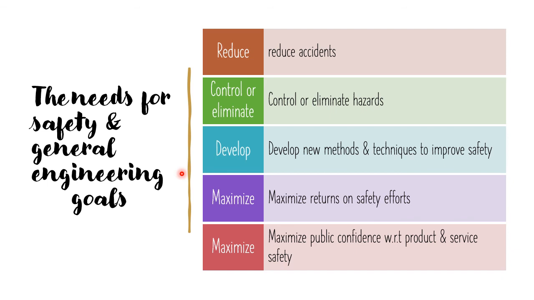If the old method is dangerous, that will be the engineering job to develop new methods or techniques. And then maximize return on safety efforts. We want to invest and make sure of a good return. Okay, maximize also public confidence related to product and service safety.